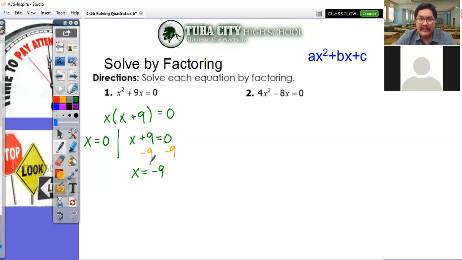And the fourth step was to write this in set form. Normally we would say x equals something like 0 or x equals -9. But since we're talking about a solution set, we have to use the set builder notation braces, or was it brackets?